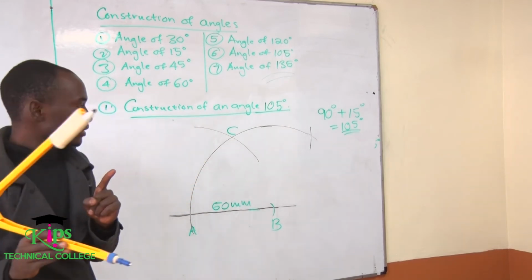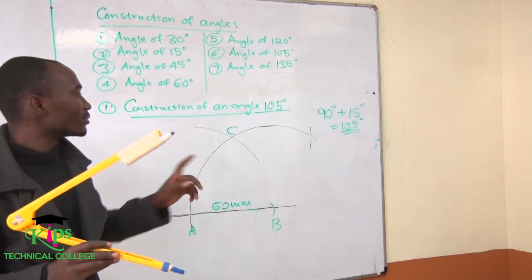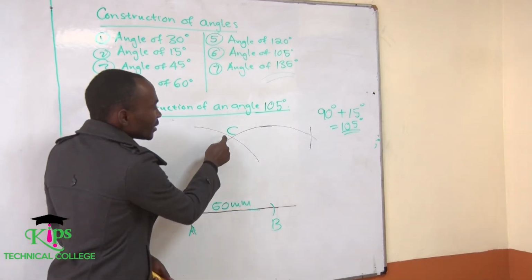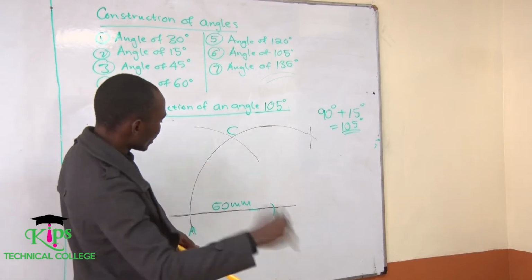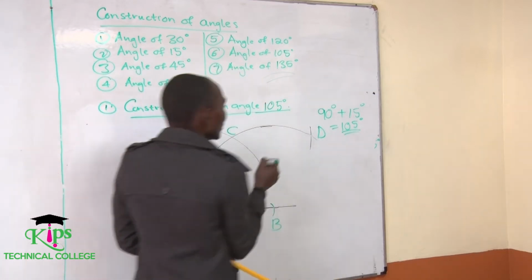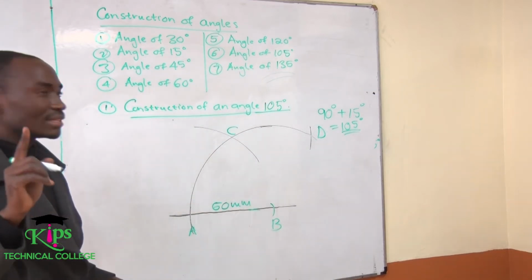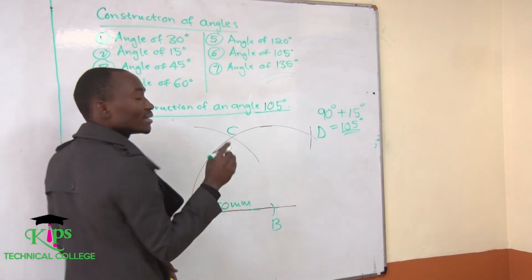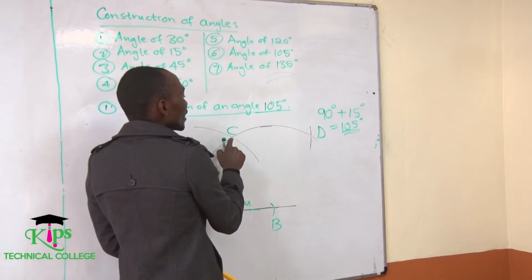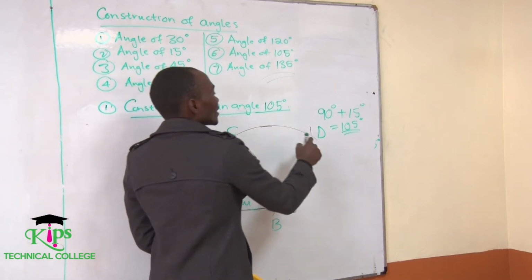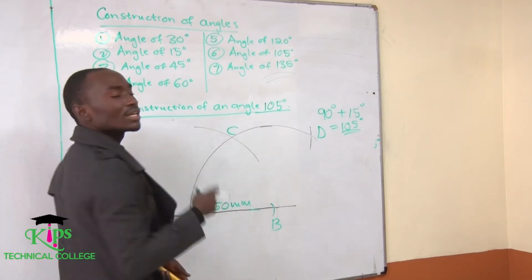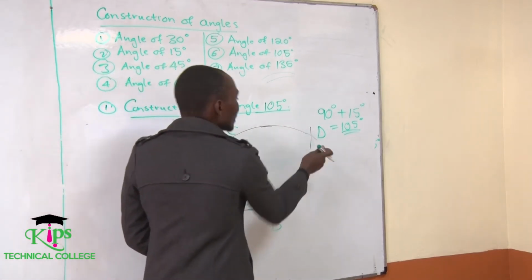So again, what do you need to do? You can see the distance from point A and C. Let me call this one point D. So these distances are equal. The distance between point A and C is equal to the distance between point C and D. So the distance of AC is equal to the distance of CD.